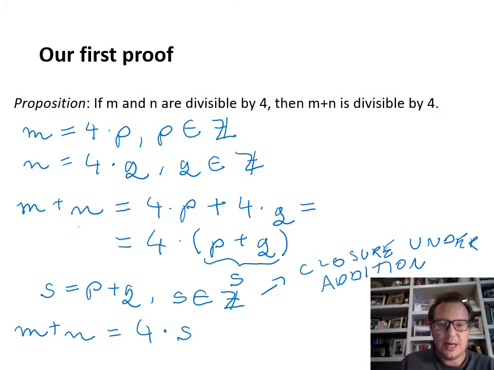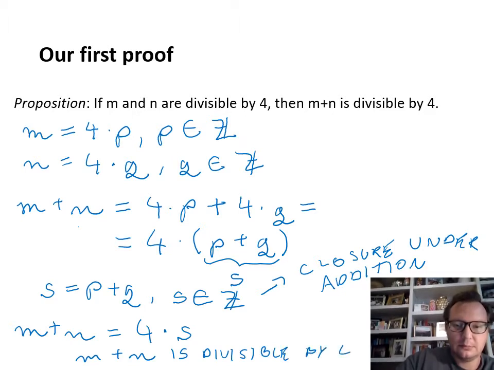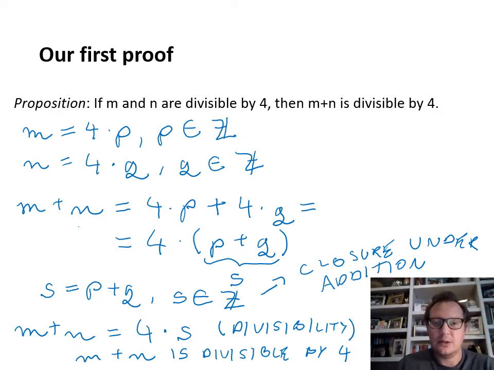And now, by the definition of divisibility, it follows that m plus n is divisible by 4. So that follows from divisibility. So this concludes our first proof. And I think you can see the basic ingredients of the proof.